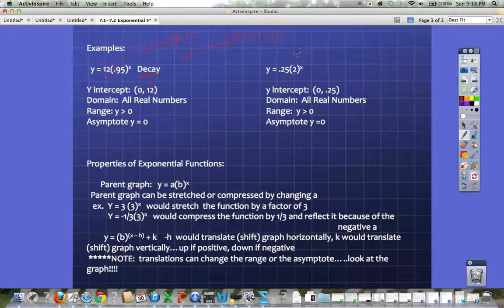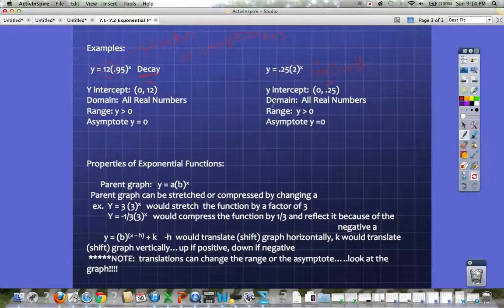Okay, so we have a positive b bigger than 1. This would be a growth. Okay, it's not a fraction, it's a growth. Alright, the y-intercept would again be 0 and then the a, so my a here is 0.25. Domain's all real numbers. The range would still be greater than 0 and the asymptote would still be y equals 0.